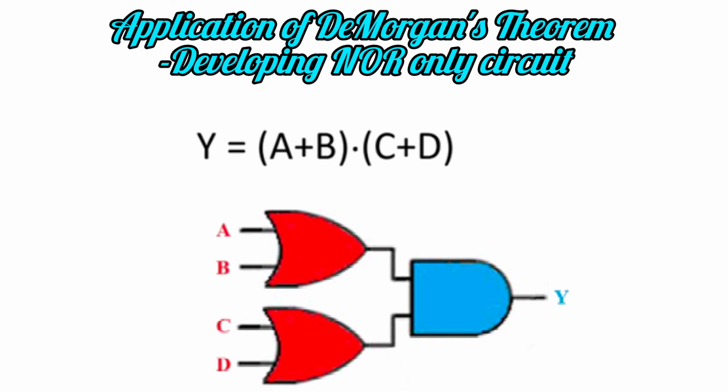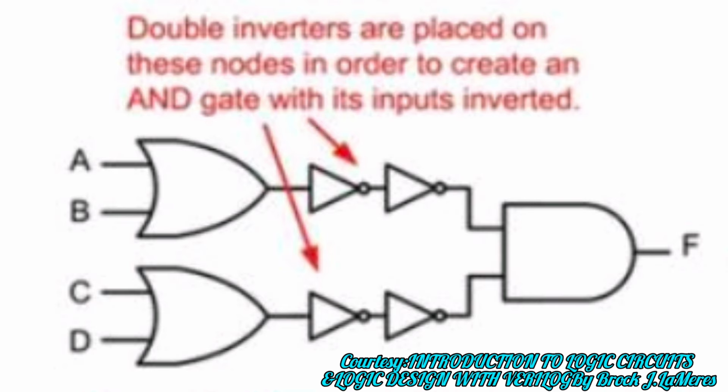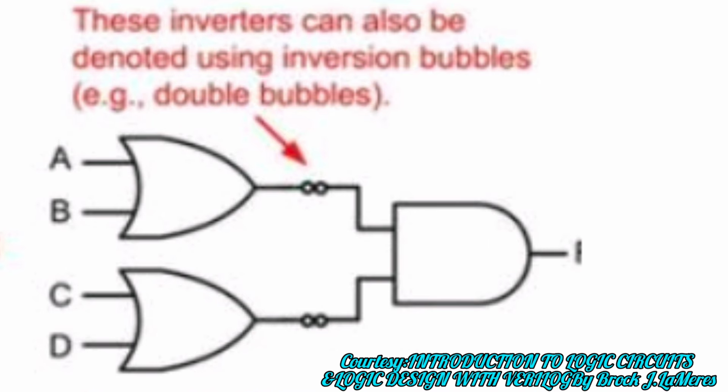Now let's apply De Morgan's theorem for developing a NOR only circuit. Our expression is a POS expression, and it is (a plus b) into (c plus d). Here double inverters are placed at the indicated nodes in order to create an AND gate with its input inverted. The same circuit is redrawn over here, and for inverters bubbles are used.